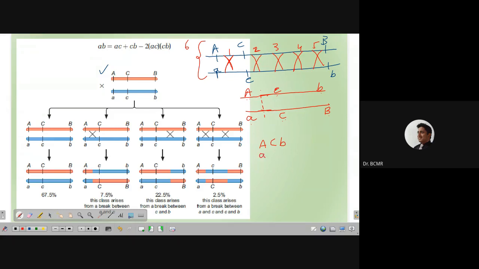And the other chromosome would have been C and capital B. Right? This is for crossing over 1. This is for crossing over 2. For 3, what happens? Capital A, 3 is here, right? So it will still be the same way. A.